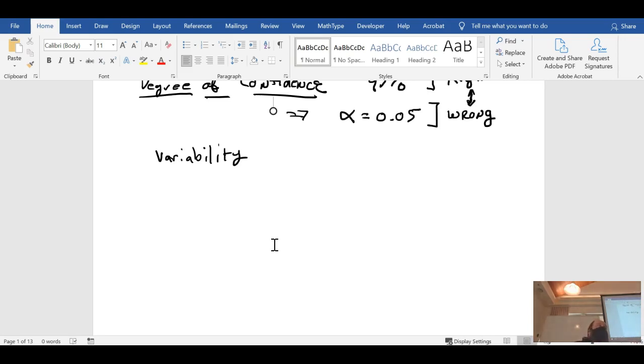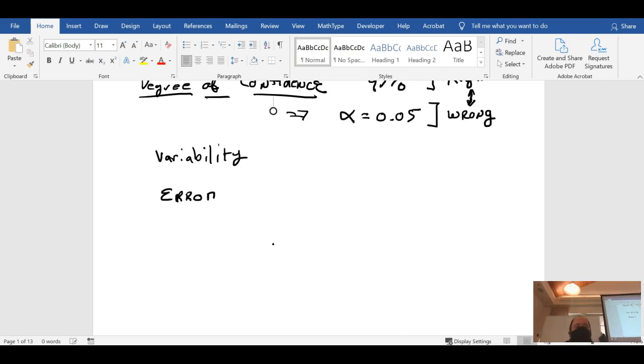Like if I said the true mean of the height of a Garrison Forest student is between 0 and infinitely many inches tall, then I get 100% degree of confidence. Because yes, the true mean of your reality is somewhere between 0 and infinity. But that doesn't tell me much. It's not very useful. So I do have to allow for error.